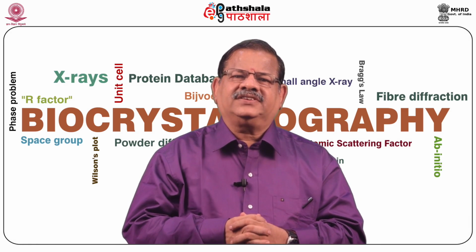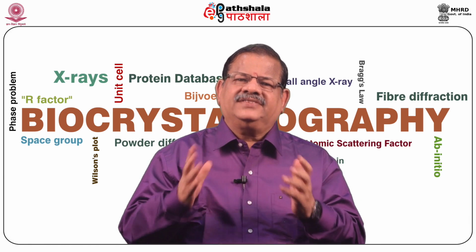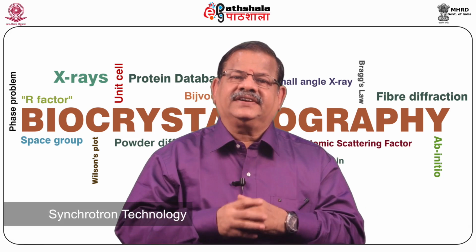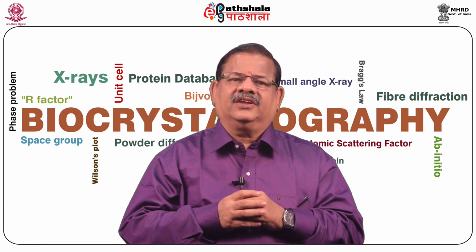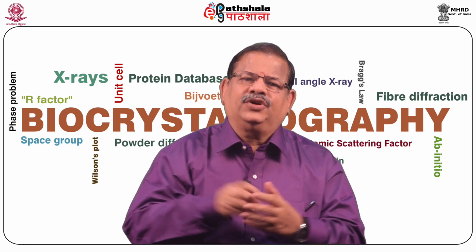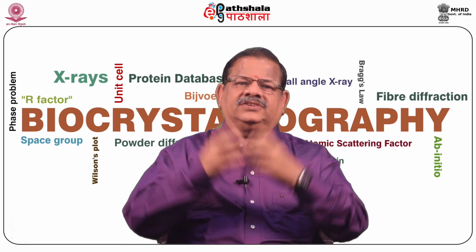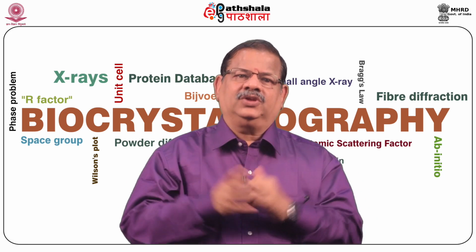The multi-wavelength anomalous diffraction MAD method has greatly benefited from recent advances in synchrotron technology, cryocrystallography, and the incorporation of selenomethionine into proteins, and has become a useful and effective approach to the structure determination of macromolecules.